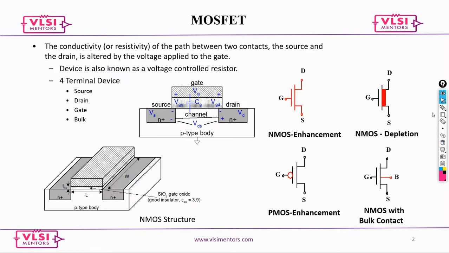Now assume what is going to happen if you reduce this L. Simple, right? Say this is your home and this is your office. Say this distance is 10 kilometers.